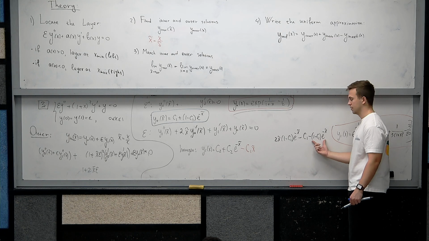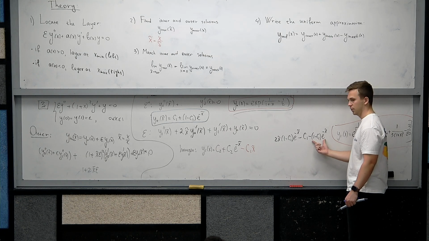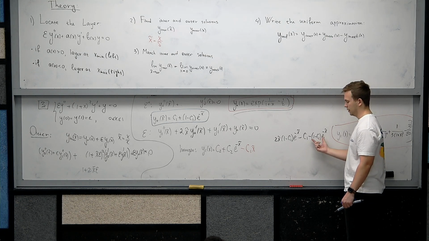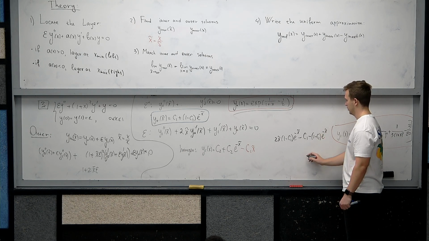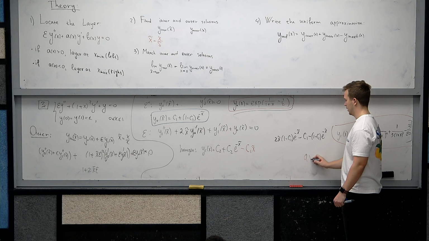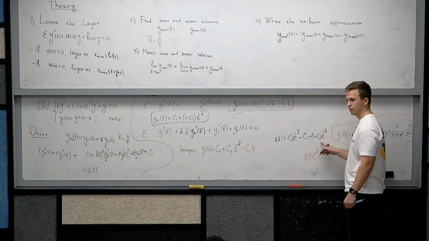Because this is just an exponent times a constant and it's a resonant term, we will guess the particular solution as some constant a times x tilde times the same exponent. This is our guess for this.